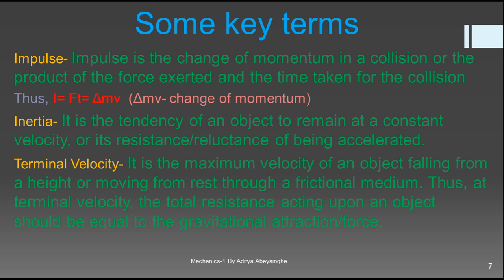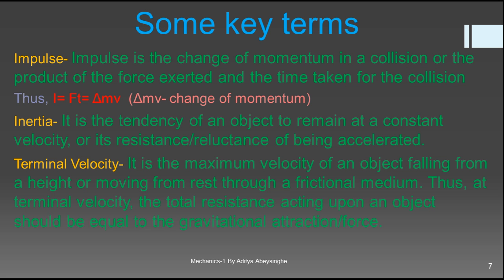When an object is stationary or at rest, this object doesn't want to move. It's reluctant. It doesn't like to move. It doesn't tend to move. That reluctance, or the tendency to remain at rest or move with a constant velocity, is what we call inertia. So inertia explains the basis for Newton's first law.